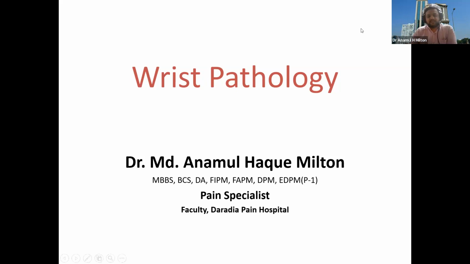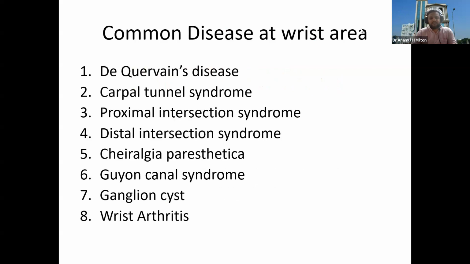Another thing, this ultrasound is very much hands-on, because you need the right position to see a lot of ligaments under the ultrasound. So today our topic is wrist pathology.